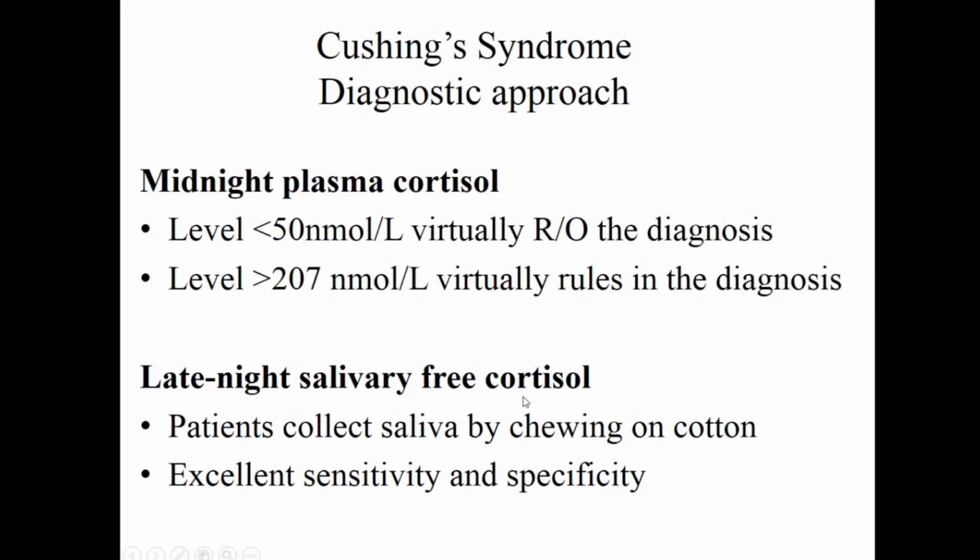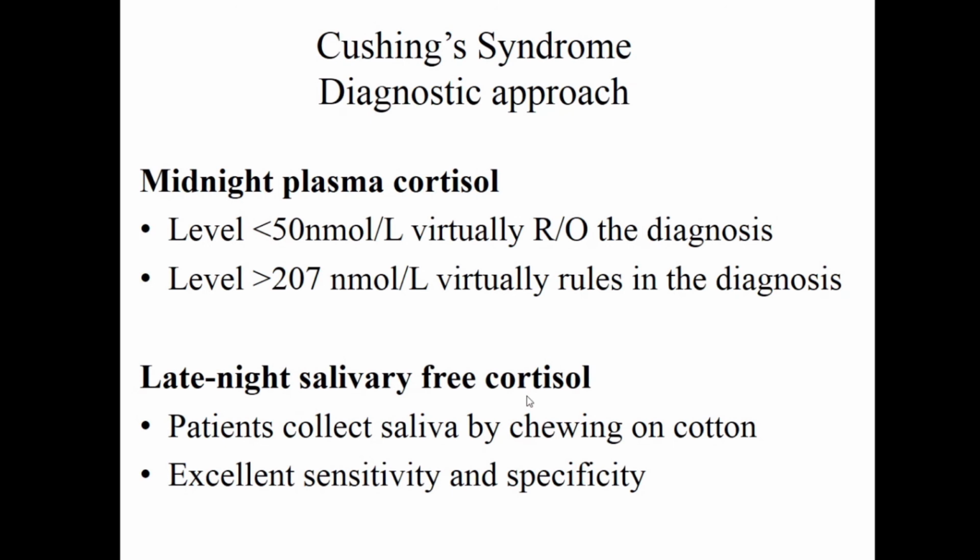Suppose you have a problem where blood samples cannot be drawn from the patient at night. Then we take the salivary secretions, because cortisol can also be estimated from saliva. The patient will collect the saliva by chewing on a cotton, and this cotton will be brought for the estimation of cortisol, and that will be high or low.